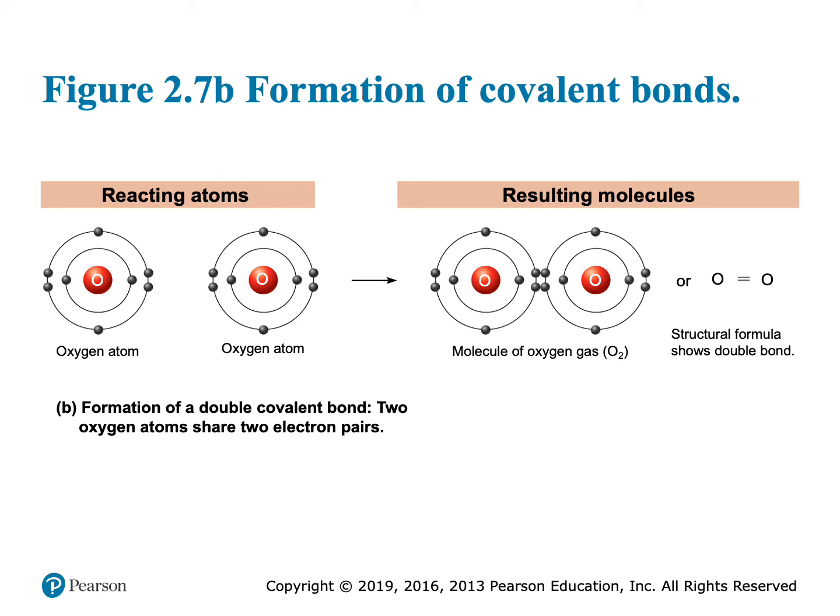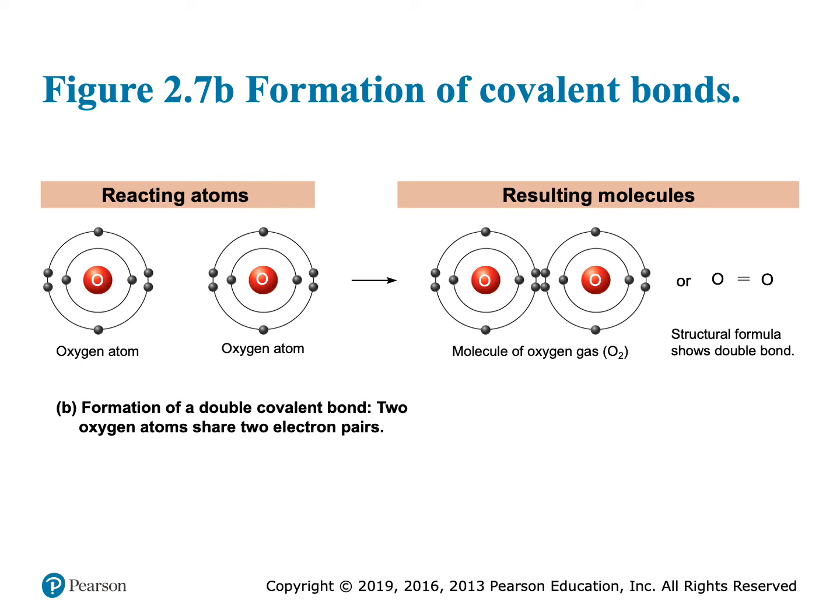So he needs 2 more. 1, 2. They got married in 2 spots. This is a double bond. It's usually written like this. If it was a single line, it would be a single bond. If it was 3 lines, it'd be a triple bond.